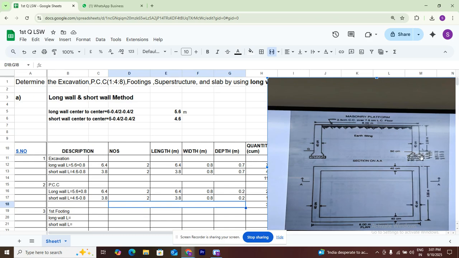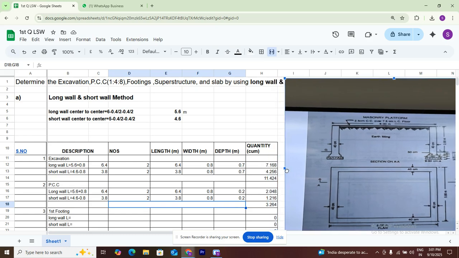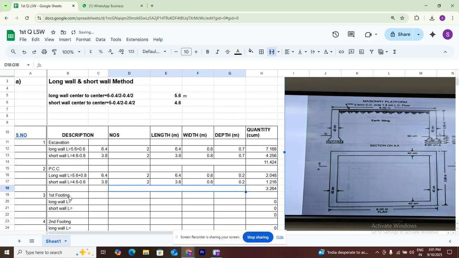The width of the first footing is 60 centimeters and the depth of the first footing is 20 centimeters. Okay, let's go into the first footing.